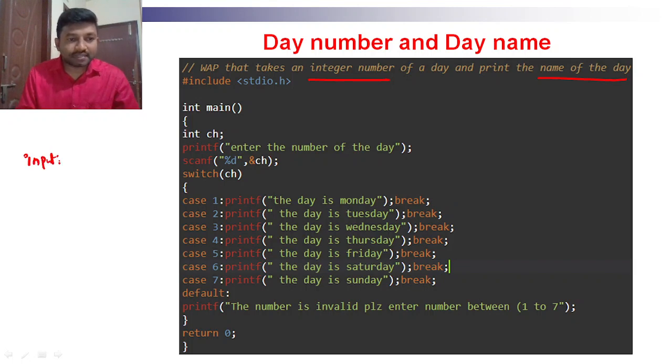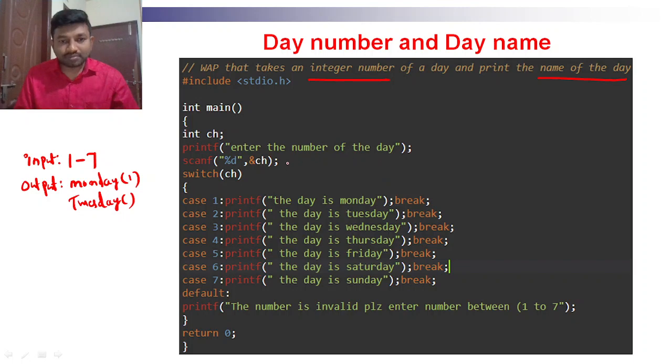We expect the input to be between 1 and 7, and if the number is 1, the output should be Monday, if the number is 2, Tuesday, and so on.